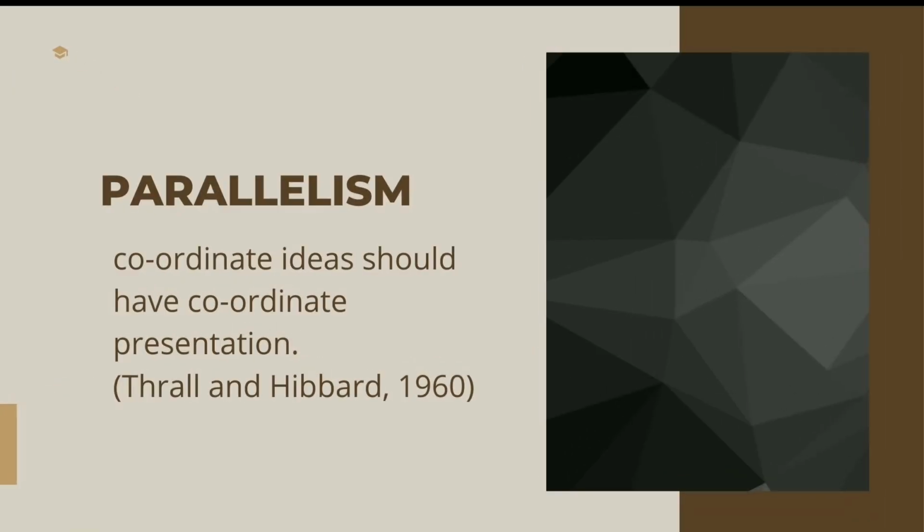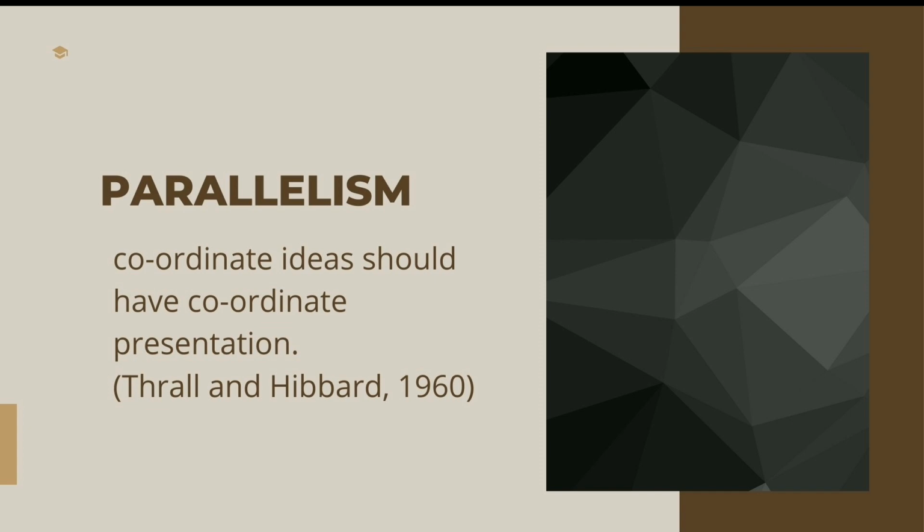So according to Trall and Hibbard, the term parallelism refers to the fact that coordinate ideas should have coordinate presentation. As what I've said earlier, it's just a matter of form and structure, not really the repetition of the terms. So again, for them, several elements of equal importance should be expressed with the sentence.